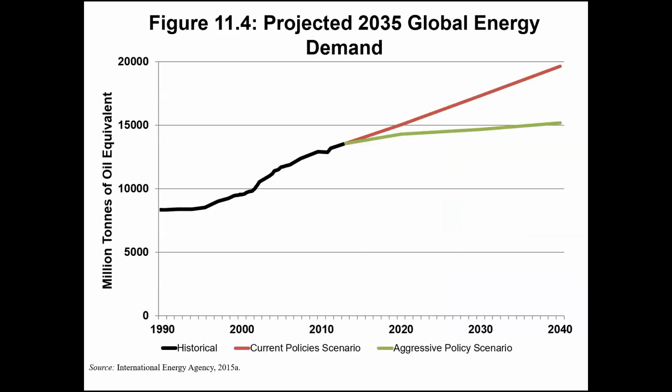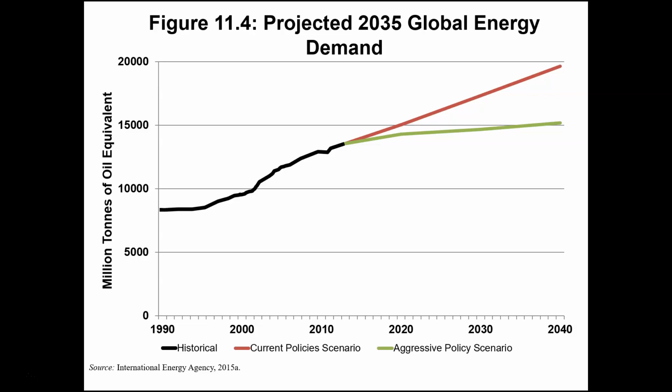So this chapter goes into a good bit of discussion about the status quo versus what will happen under certain aggressive policy scenarios where we're really trying to transition from non-renewable sources to renewable sources. This graph shows the projected global energy demand. The black line gives the historical energy demand, how it actually has grown over time.